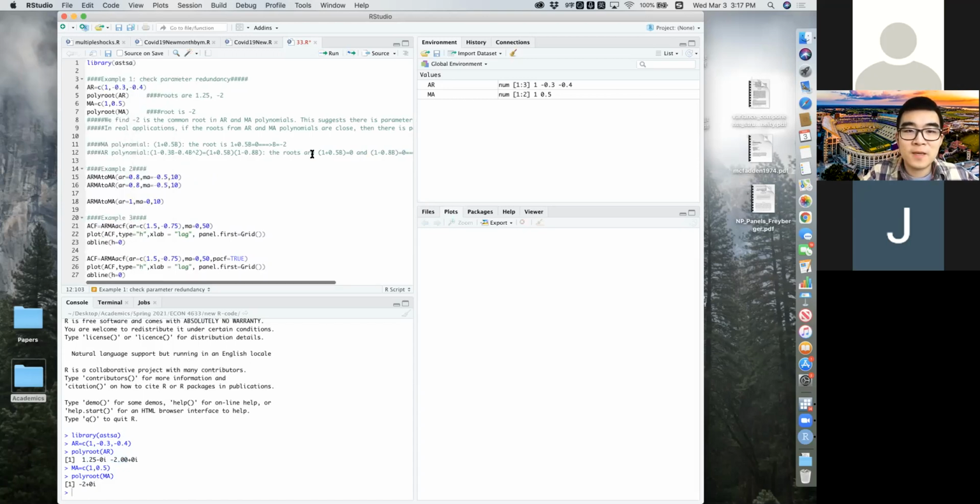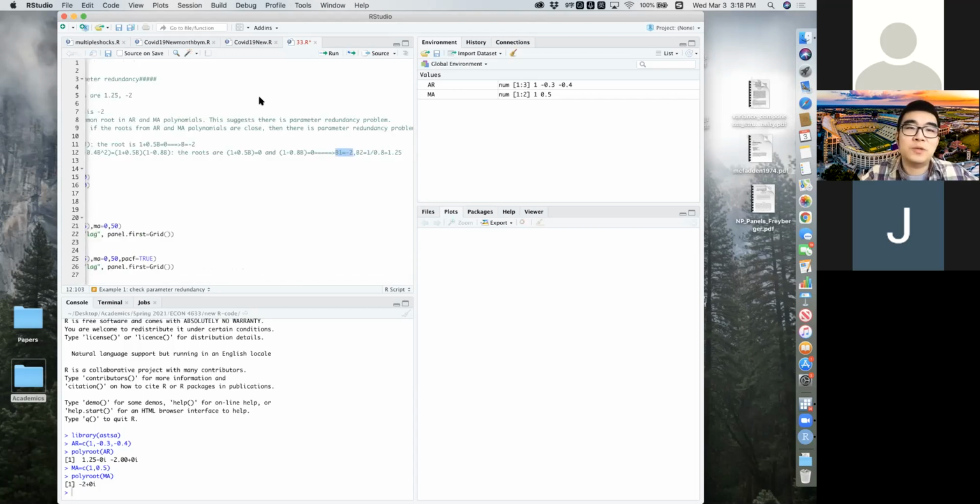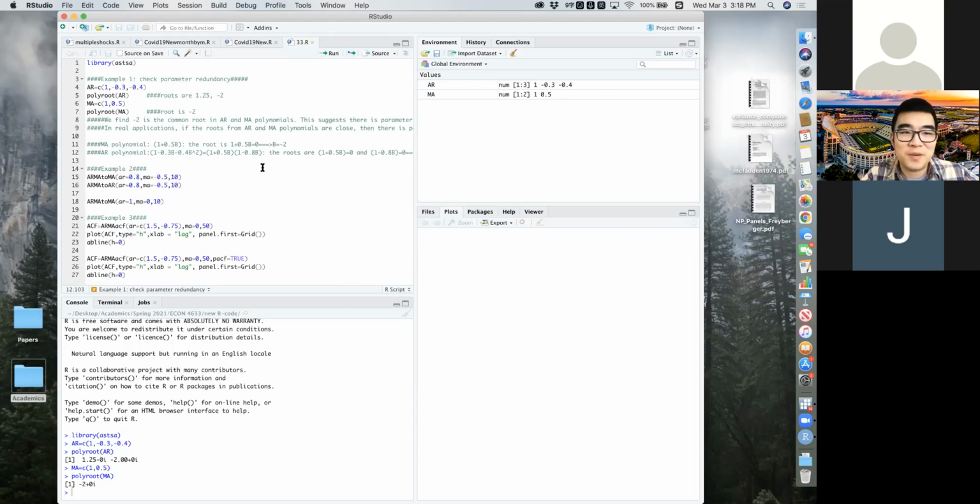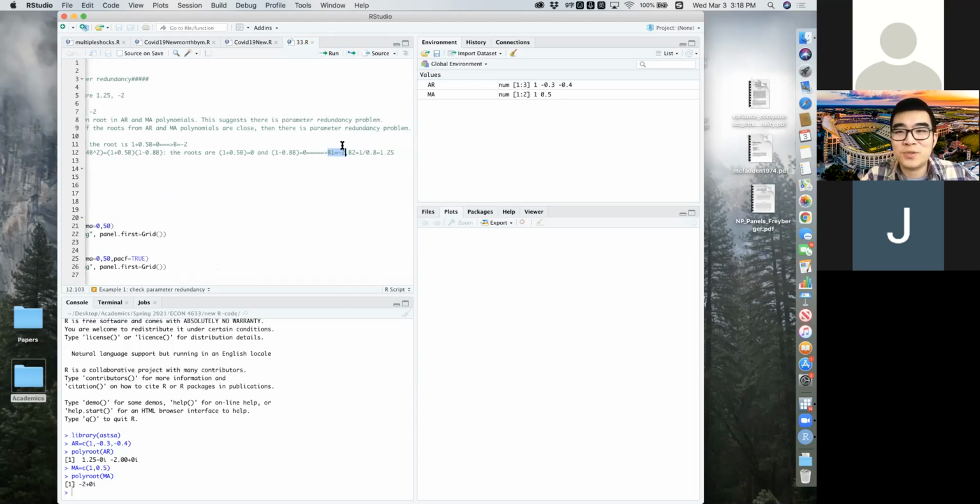Why do we want to use the computer? Because with real data you really cannot find such nice roots; what you estimate will be very weird numbers. Finding the roots by hand might be hard, and if the polynomial is high order, say order 3 or order 4, finding the roots becomes even harder.